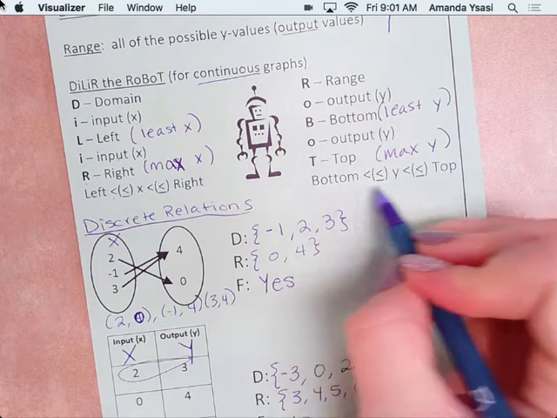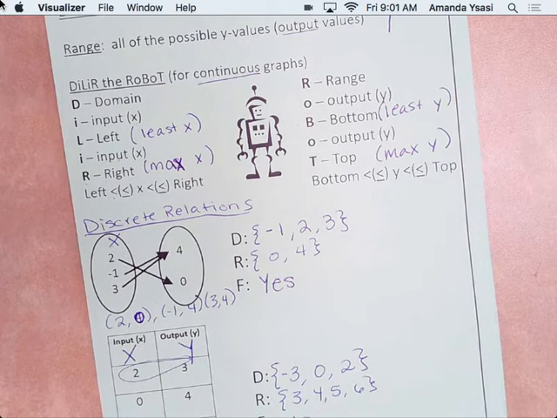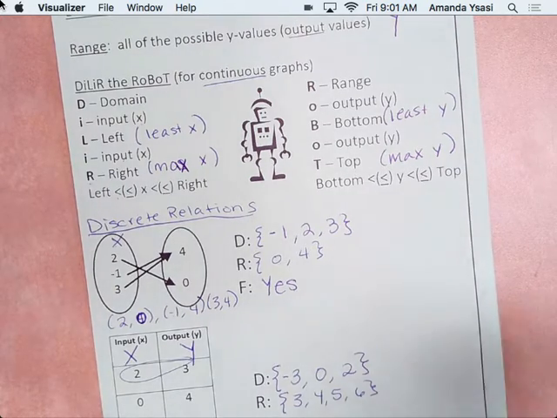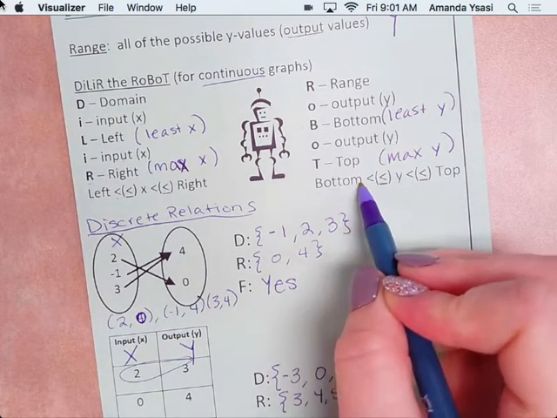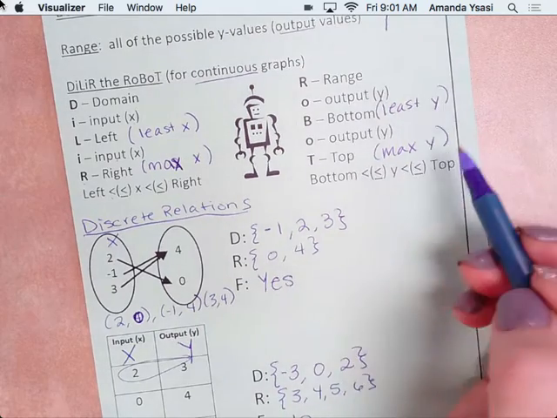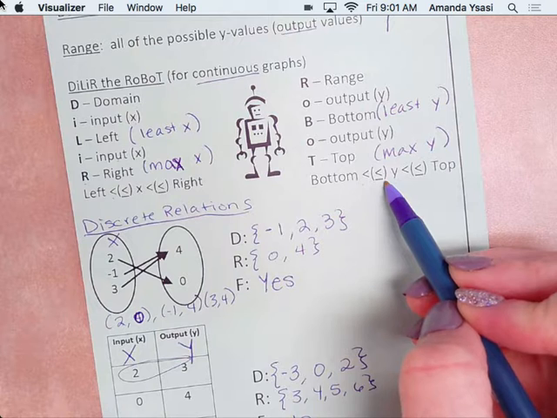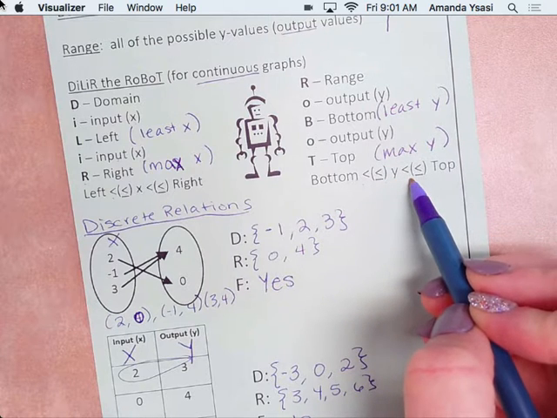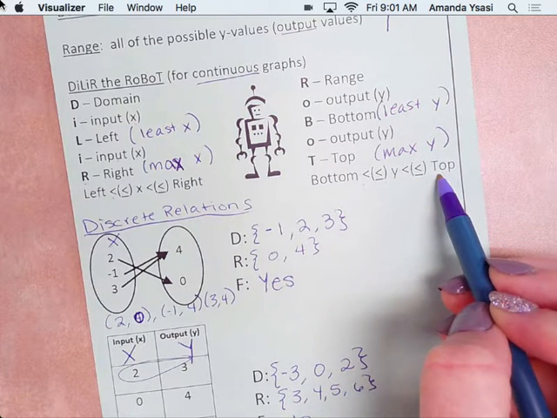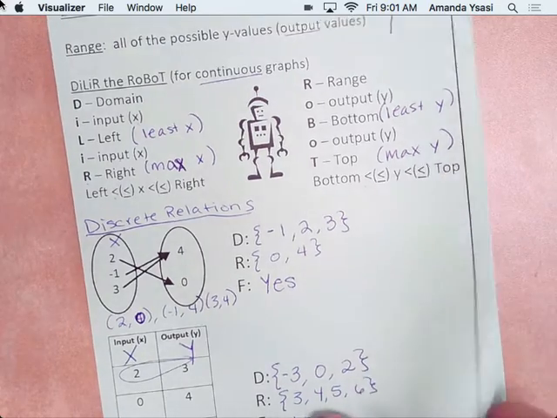And we're going to write this as an inequality also. So it's our smallest number for y, so it's the one that goes down to the bottom. Either a less than or equal to, then we write y, then we write less than or equal to, and then a top value. We go from the bottom to the top.